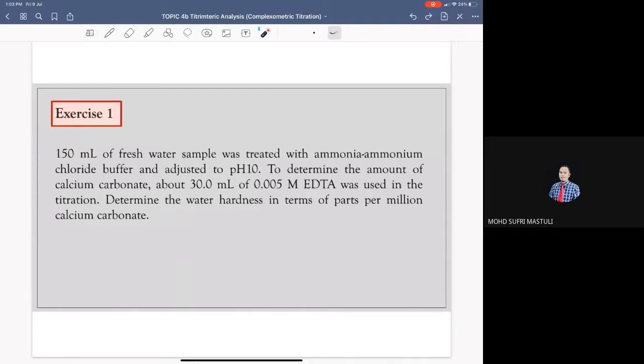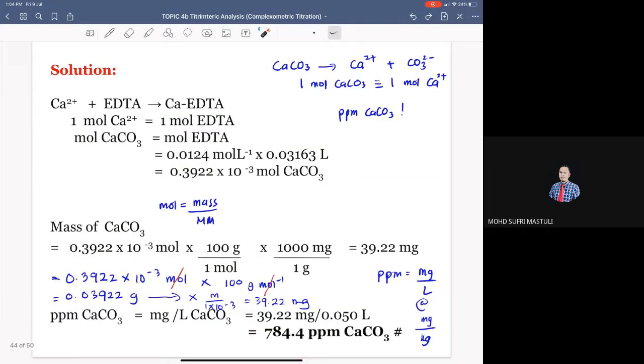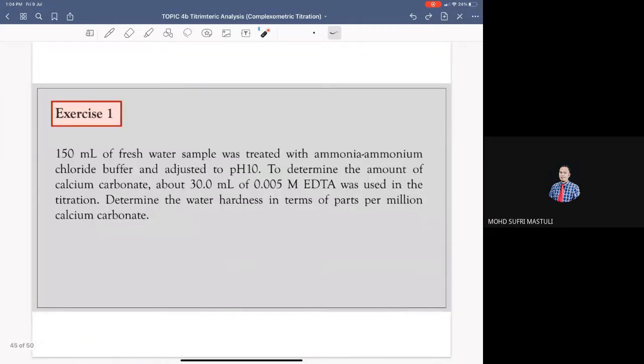Okay. The next question is: 150 ml of freshwater sample was treated with ammonium chloride buffer.